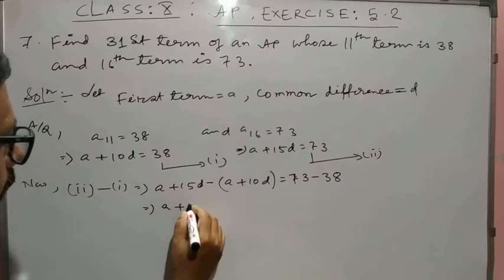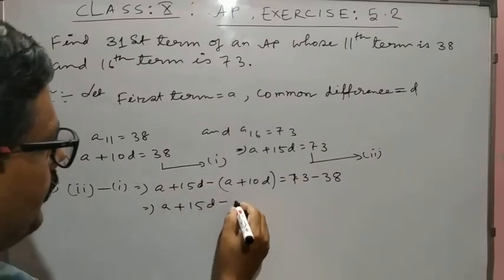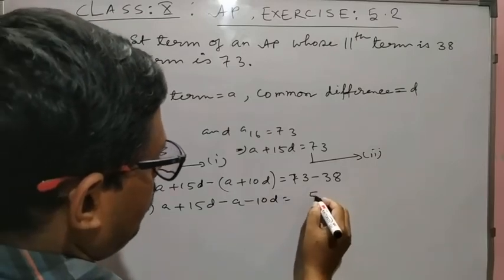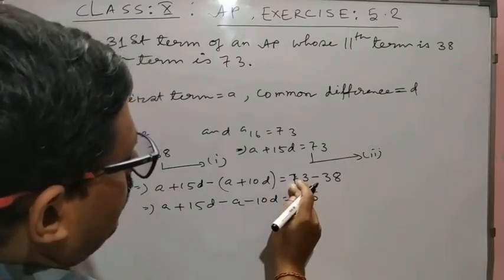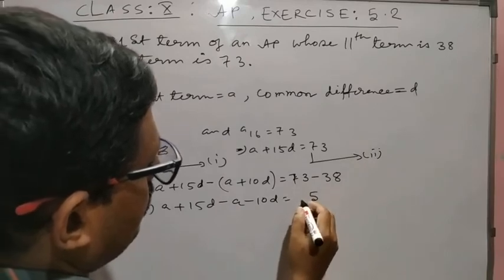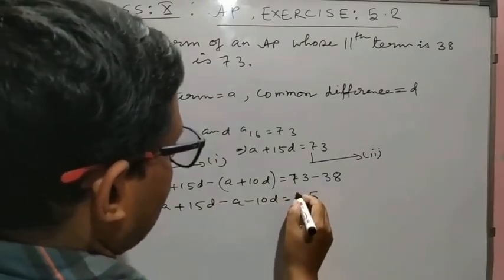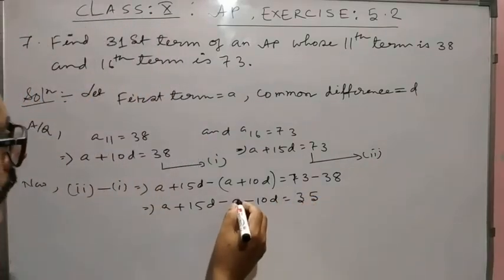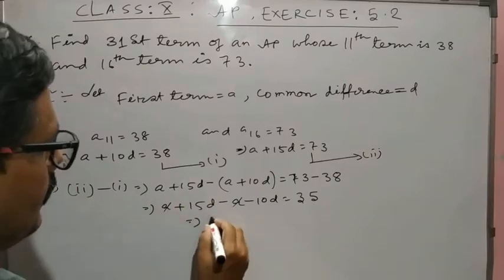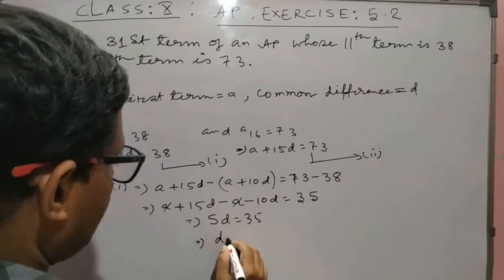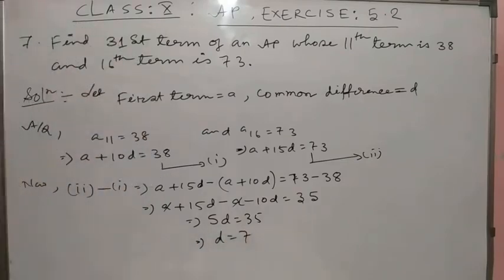This implies that A plus 15D, remove the bracket, minus A minus 10D, it will be 5D, and 73 minus 38 is 35. Now A cancels, it will be 5D equal to 35, implies that D equal to 7. So on calculation we get D equal to 7.